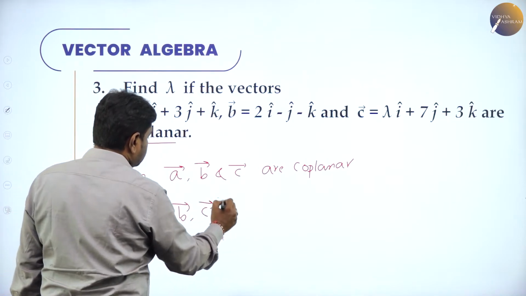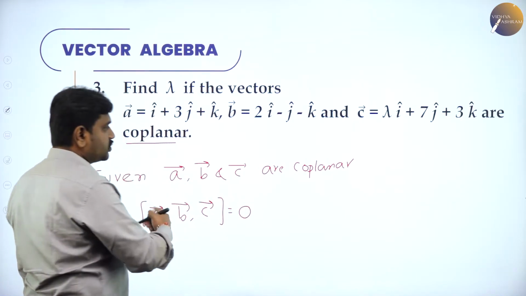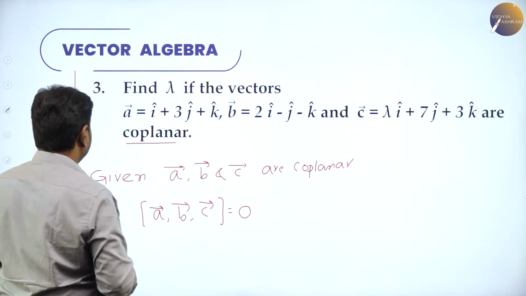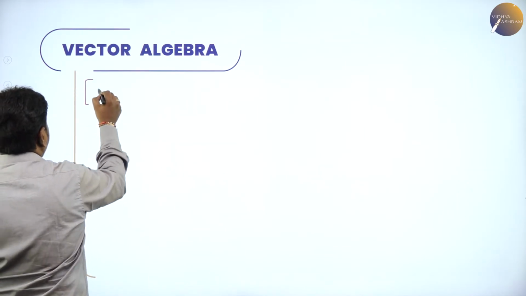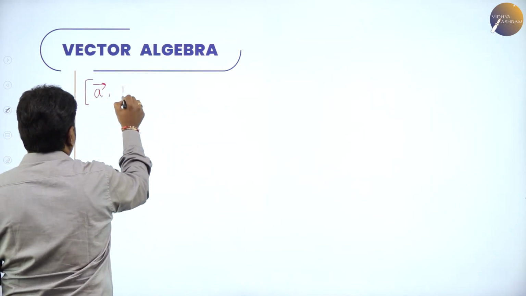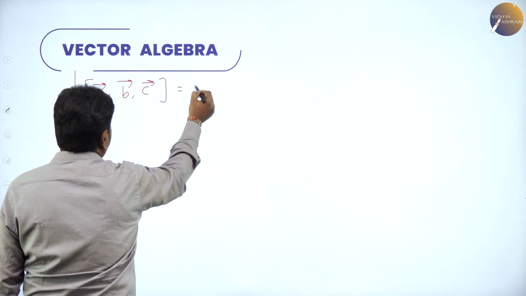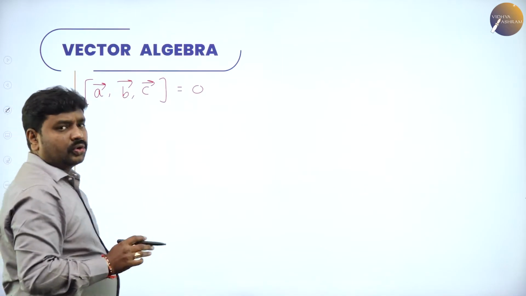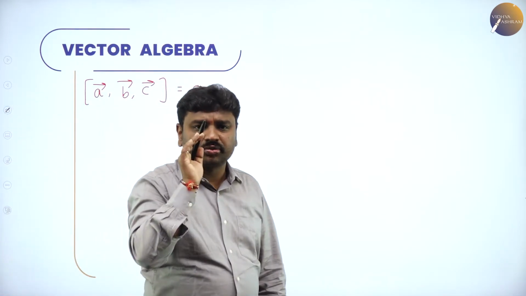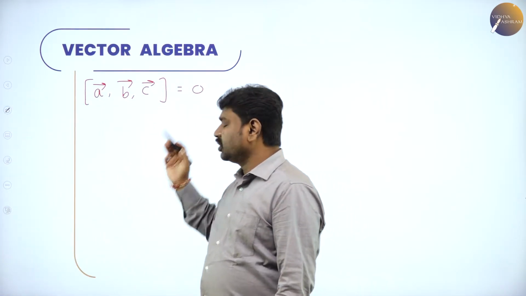So we'll equate the box product to 0 and we'll get the answer. The box product or scalar triple product of A, B, C is 0 because they are coplanar.